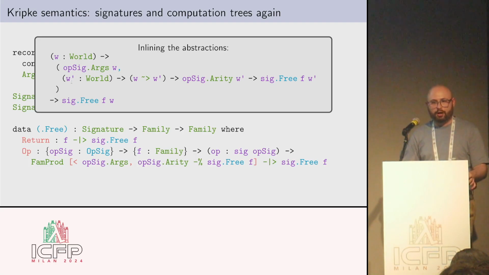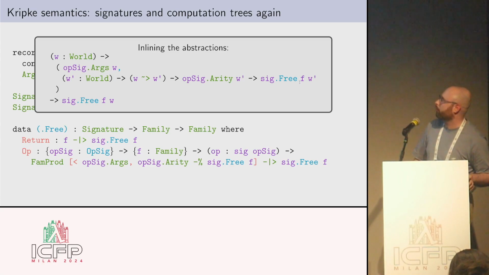We can branch on a future world W prime. So for each future world W prime, we have to provide a subtree. And for each way of getting from W to this future world W prime, we also need to branch. And then we also branch on whatever the arity of the operation is, but in the future world W prime. And then we also ask for our tree to exist in the future world W prime.